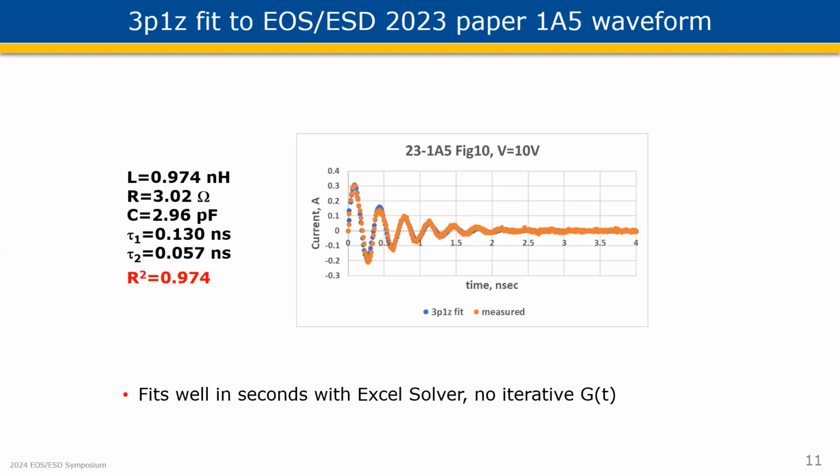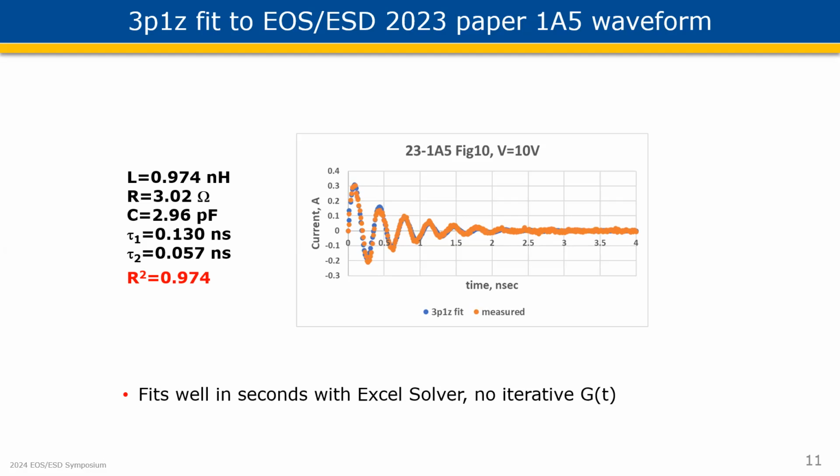No iterative G of T arbitrary function needs to be plugged in and tried over and over. And we get reasonable values for the core two-pole situation, about 1 nanohenry and 3 picofarads as expected. And R is a good baseline value, but then modulated by the tau1 and tau2, you might say. These taus being down in the 50, 100, 130 picosecond range for an excellent fit.